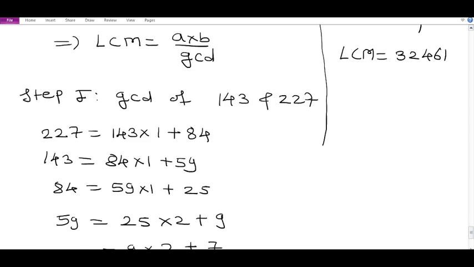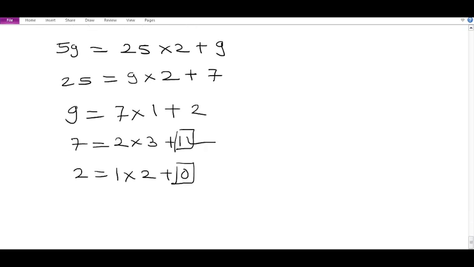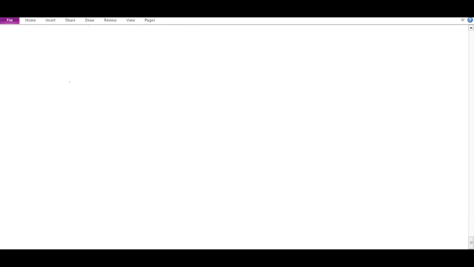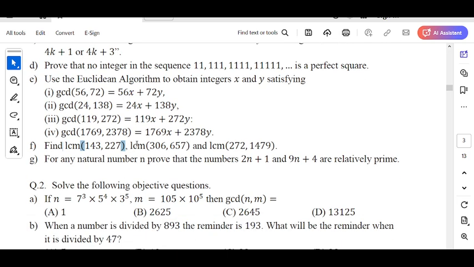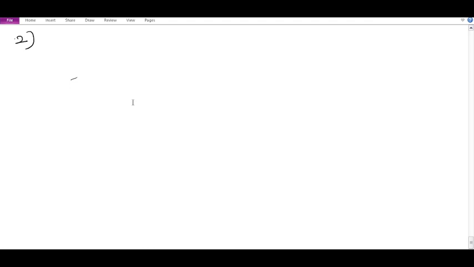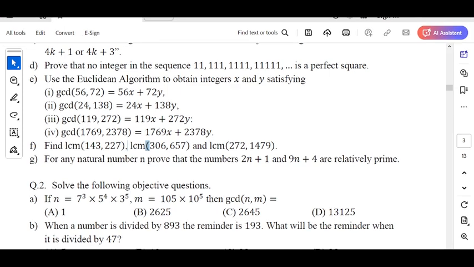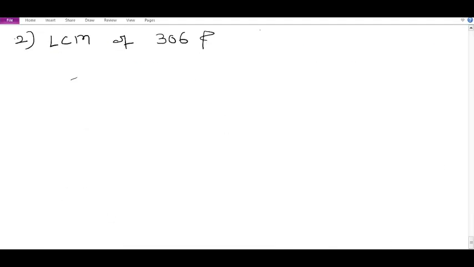The next example, the second example from example F: find the LCM of 306 and 657.